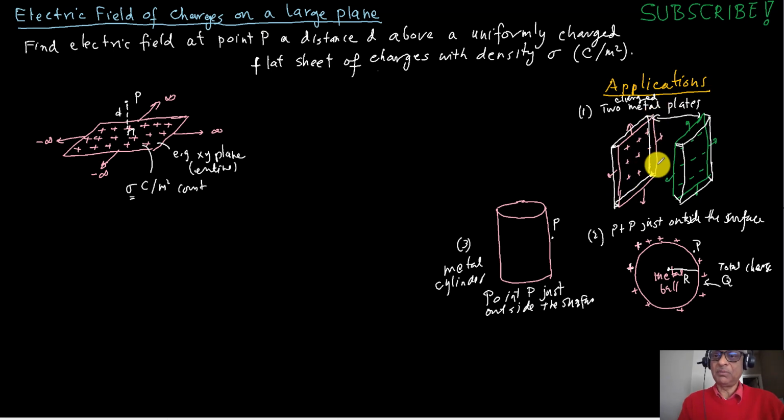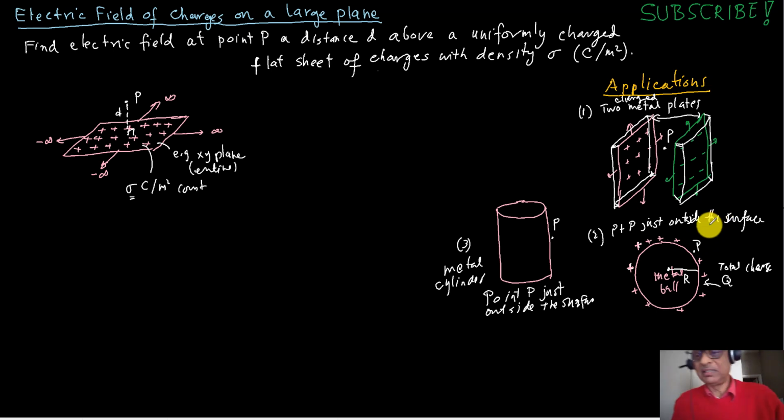Then they will observe this plate to be very large, essentially, we can say infinite. So we can apply it here to get an idea of what the electric field will be at some point P between the plates. You can also get an idea, if you have a metal ball and point P is very close to the surface, what the electric field will be like there.